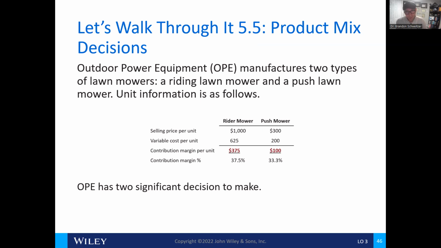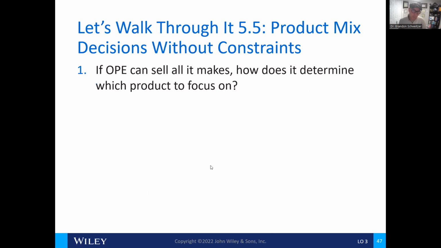Then we have the push mower. Sales price of $300. The variable cost per unit is $200, giving contribution margin of $100. Contribution margin here is 33.3%. So we have two significant decisions to make. One is, can we sell everything that we make?